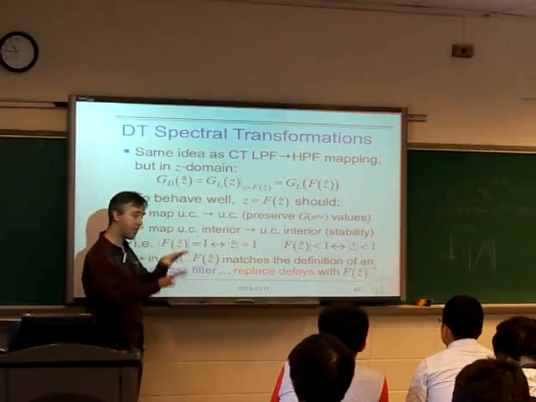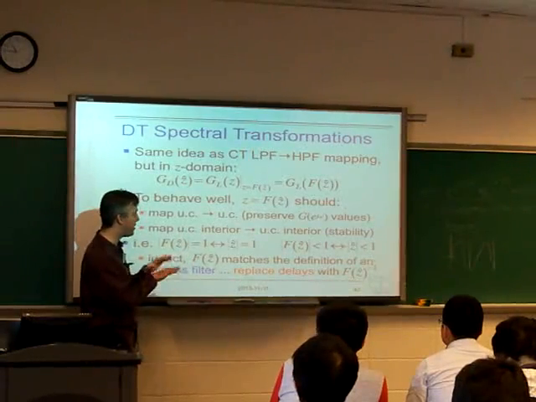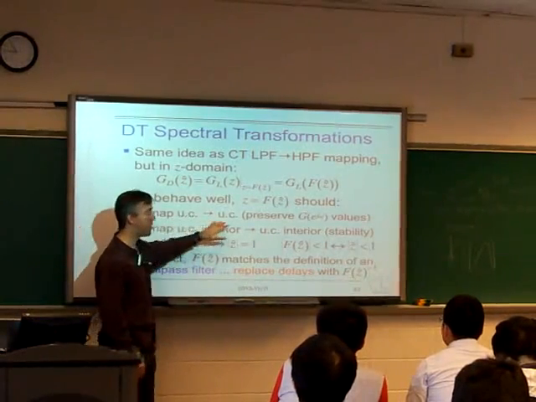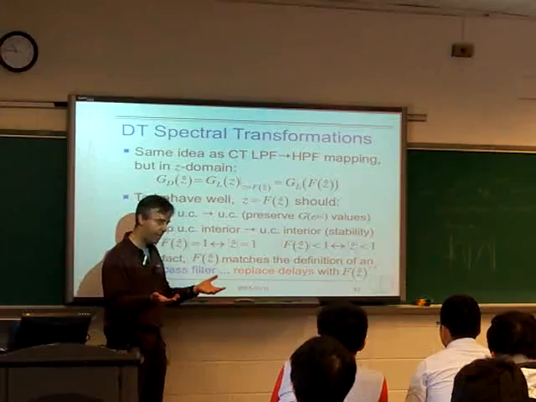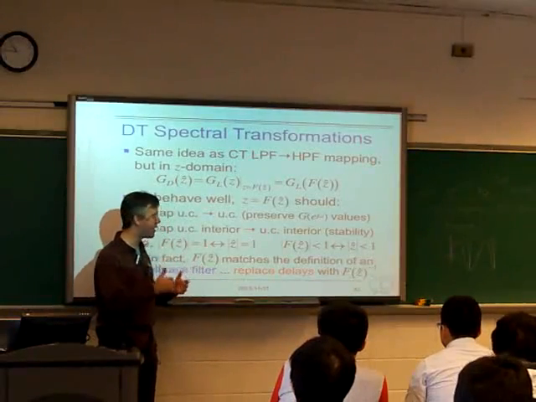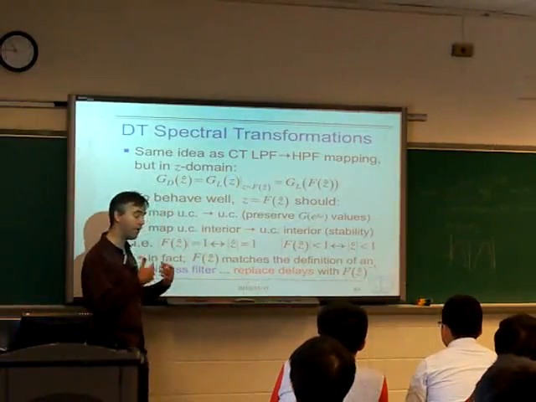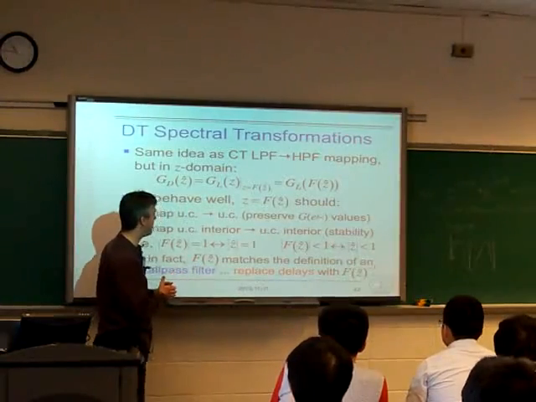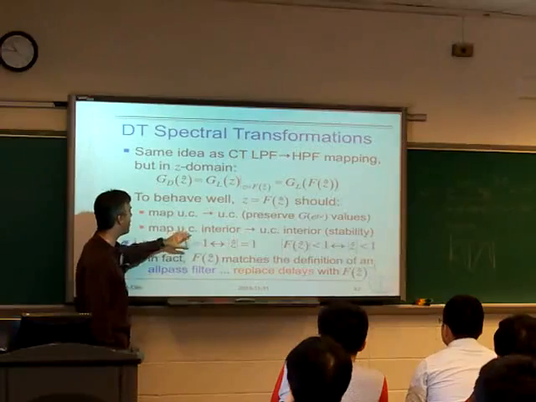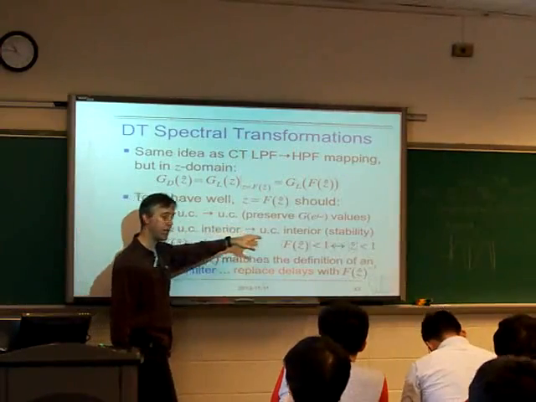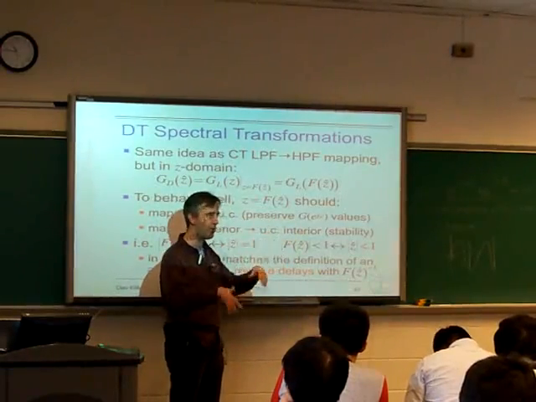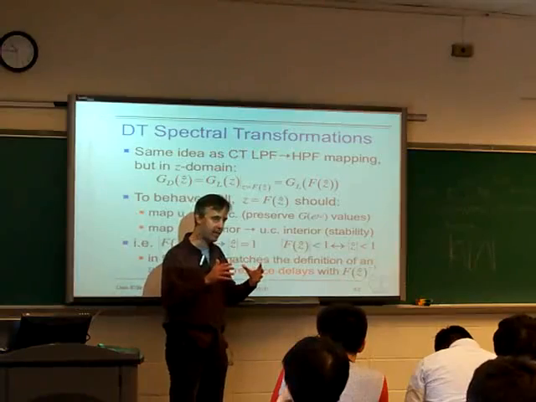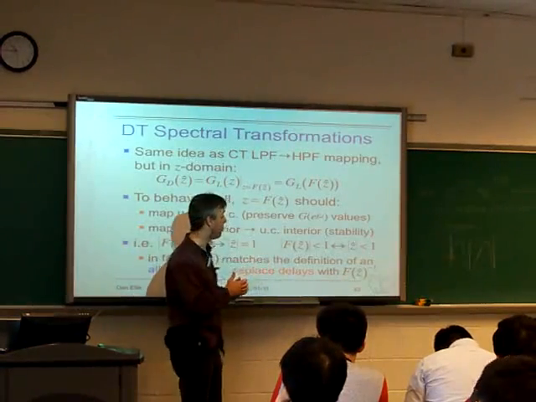And the mapping, which is just the mapping of the Z-plane, should map the unit circle onto the unit circle, so that these magnitude response values that we've carefully designed remain the magnitude response values, or the frequency response values, magnitude and phase. And we want the unit circle interior to map onto the unit circle interior, so that the poles, the places where the polynomial goes to infinity, they still correspond to stable poles.